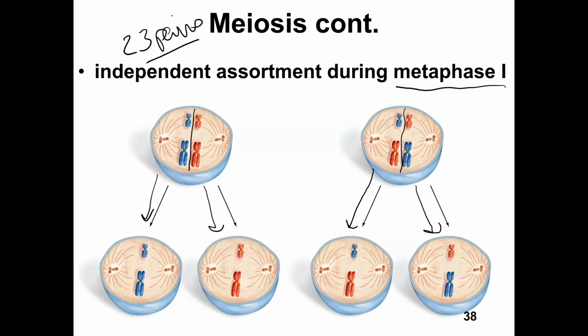So they line up independently of all the other chromosomes at the metaphase plate in meiosis 1. And because of that, we get unique groupings of those chromosomes, and that is independent assortment. This was seen, discovered, or described by Gregor Mendel, which we'll talk about in chapter 23.